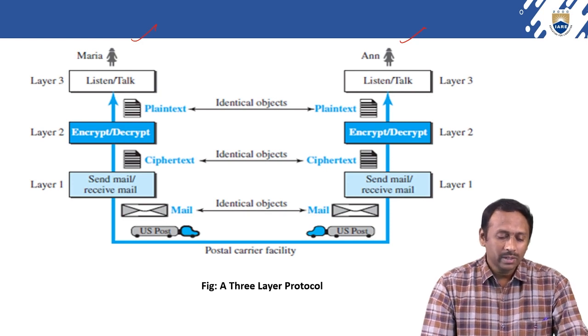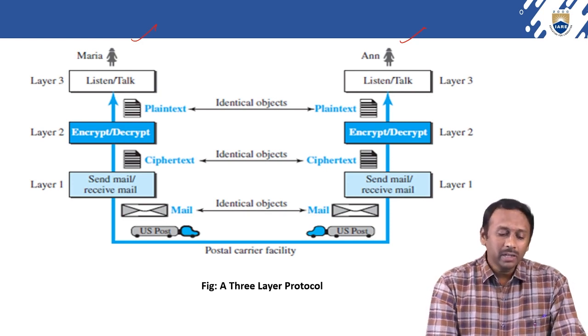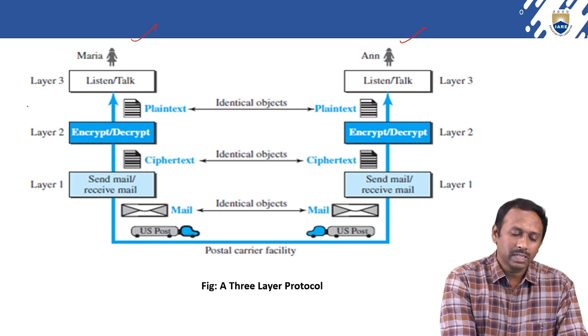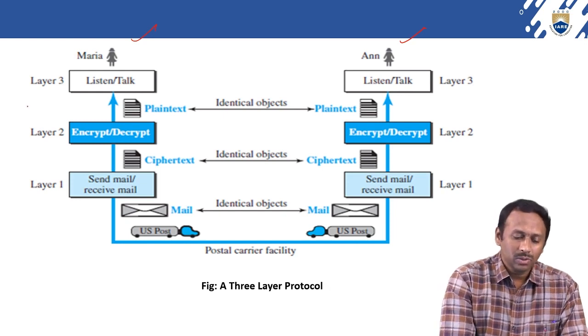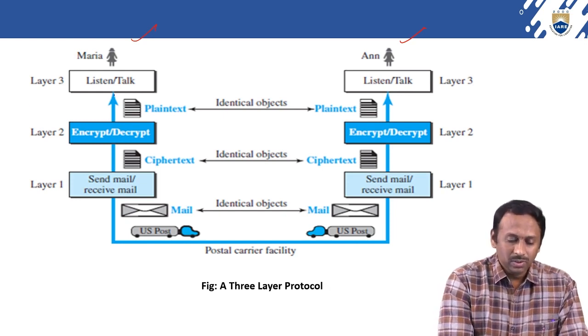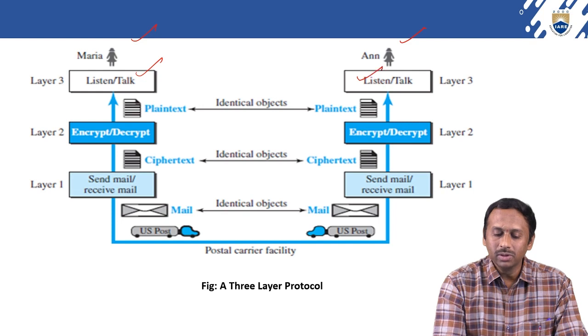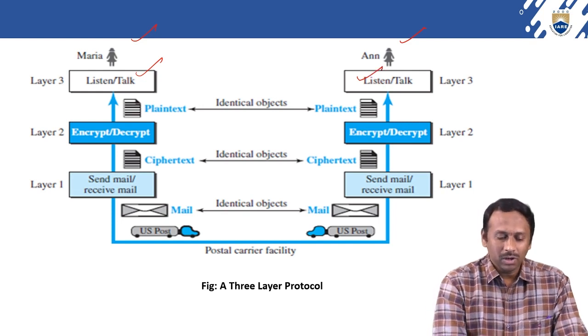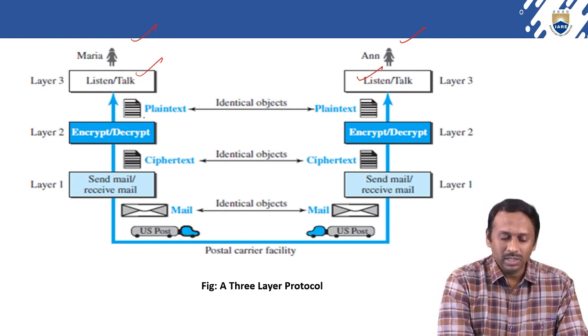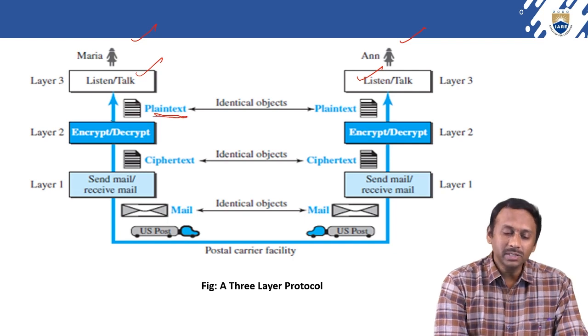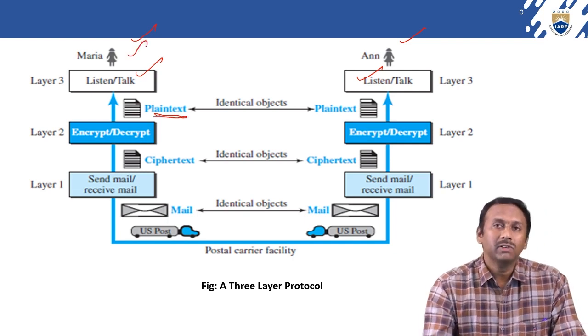Here Maria is going to transmit a letter. So how is it going to be handled? Maria is going to talk, and Anne is going to listen. Initially it will be plain text.